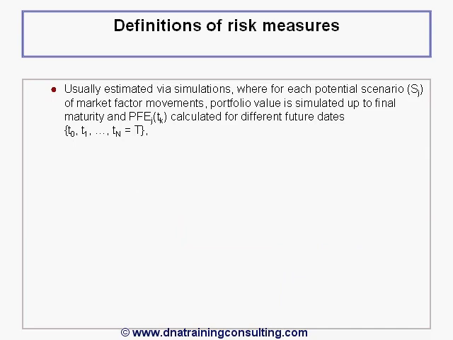PFE is usually estimated via simulations, where for each potential scenario Sj of market factor movements, the value of the portfolio of trades with the counterparty is simulated up to the final maturity, and a PFE(T) curve is calculated for different future dates, T0, T1, all the way to Tn, with T0 denoting the present moment and capital T the measurement horizon, which is typically the longest maturity of any position.